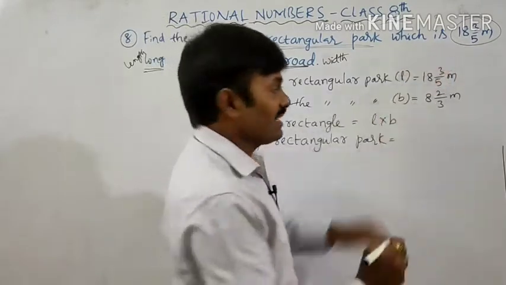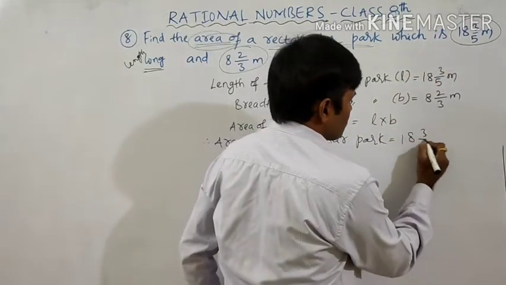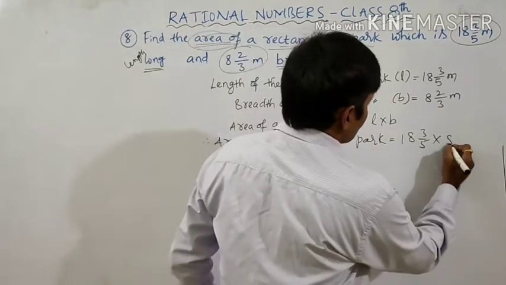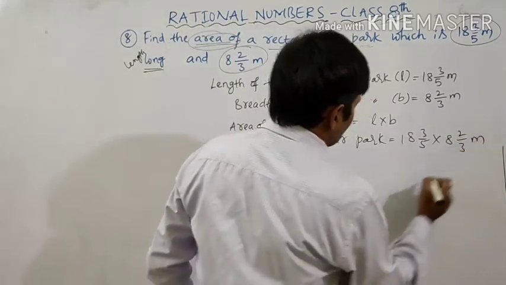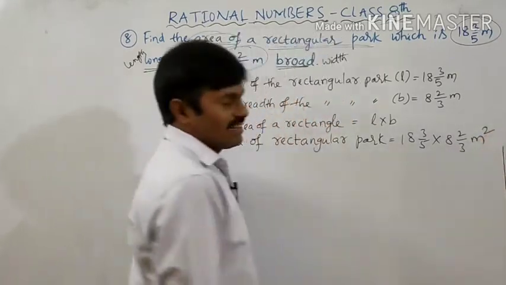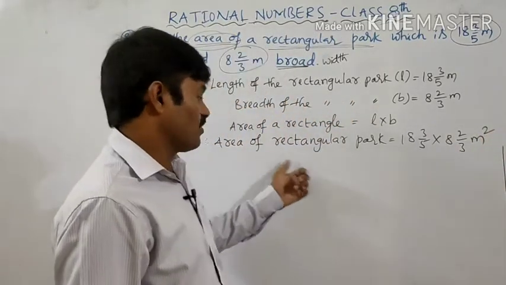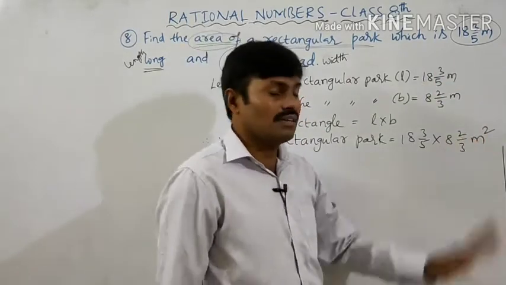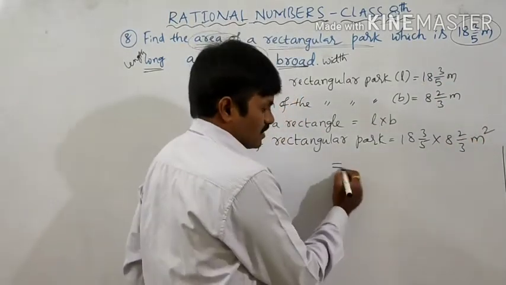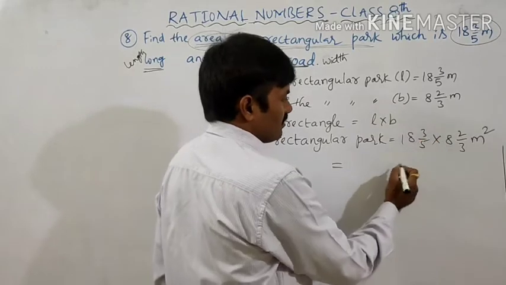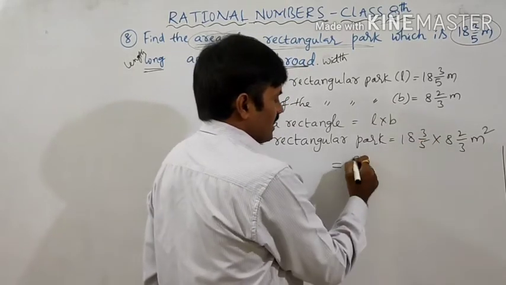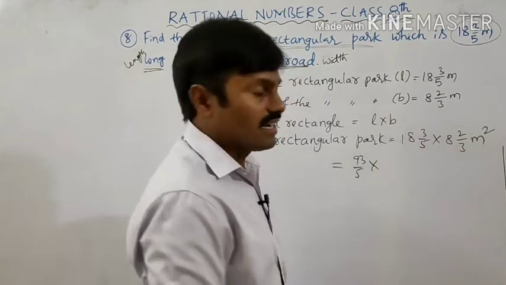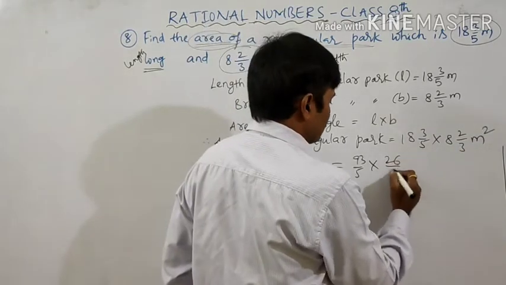So the length is 18 3/5 meters into the breadth, 8 2/3 meters. Here we get the answer in meter square, because the area of a rectangle is in square units, and here the units are meters. Now see, I am simplifying quickly. 18 3/5: 18 times 5 is 90 plus 3, 93 by 5, into 8 times 3 is 24 plus 2, 26 by 3.